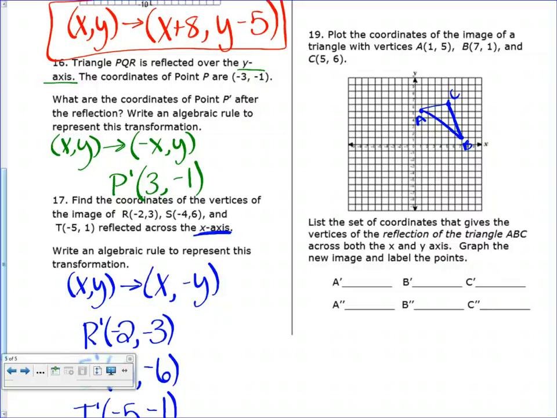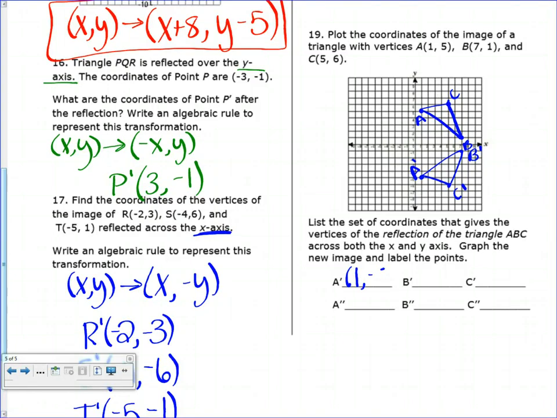So I'm going to start by reflecting across the x-axis. So point A is 1, 2, 3, 4, 5 away from the x. So we count down 1, 2, 3, 4, 5 to find A prime. B prime is 1 away, and C prime is 6 away. So there's the reflection across the x-axis.